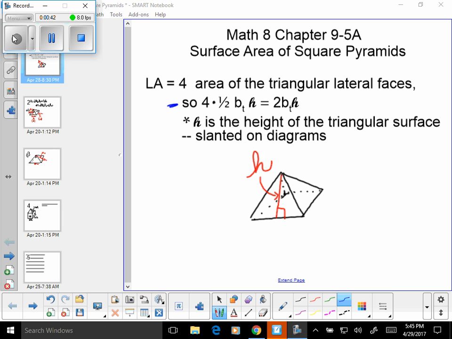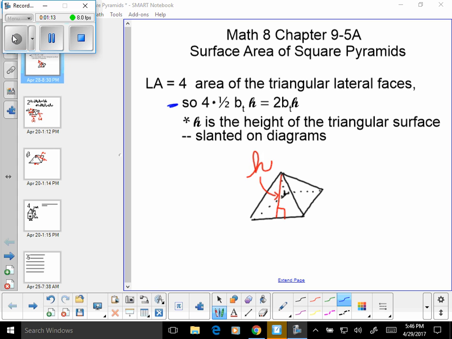Now notice that this is a cursive h, a slanted h, and that means it's the height of the triangular surface. It will be slanted on diagrams, and our book does that a lot, and my notes do it too. When they're talking about a slant height, they will use a cursive h, because to make that h you have a slant in your first loop.